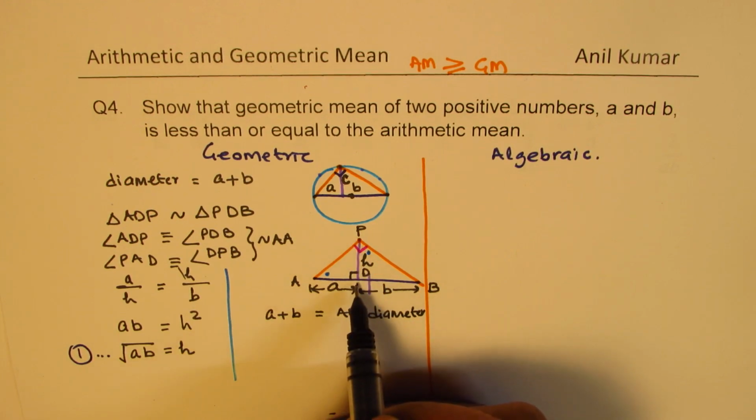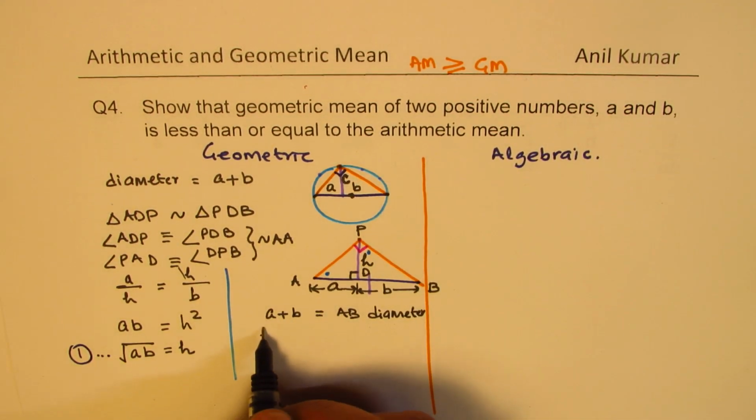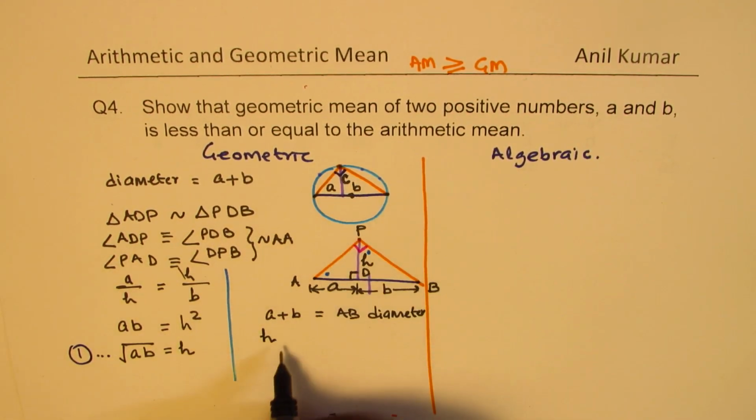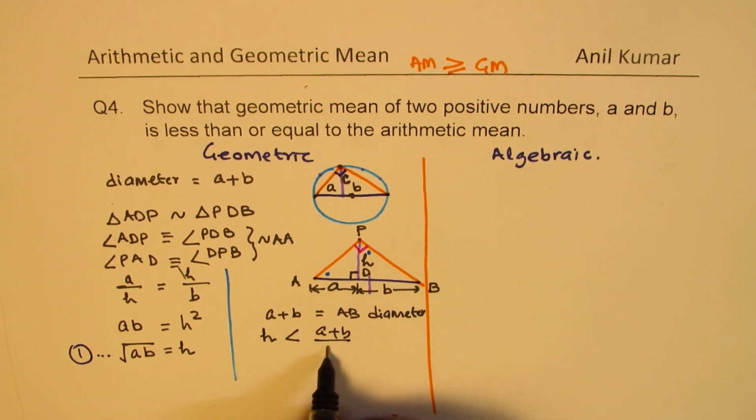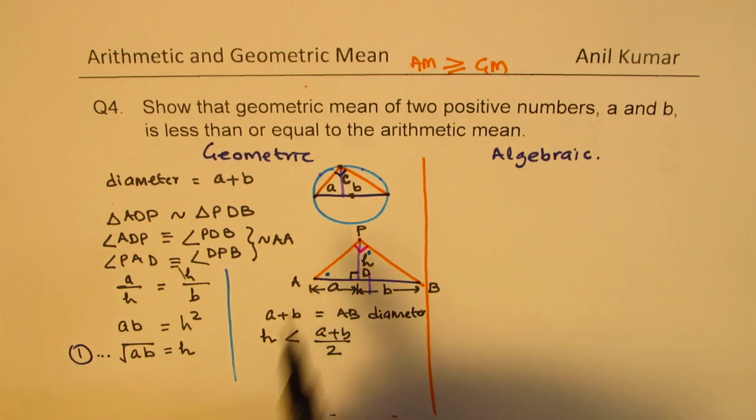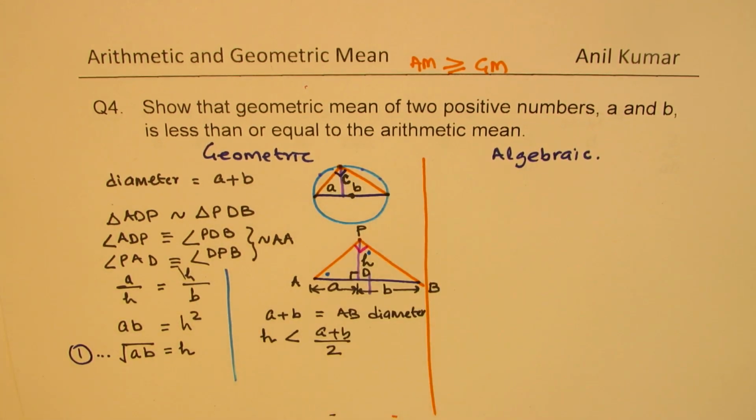And from this given figure, you can see that H is less than A plus B divided by 2, right? Because it is not the radius, right?